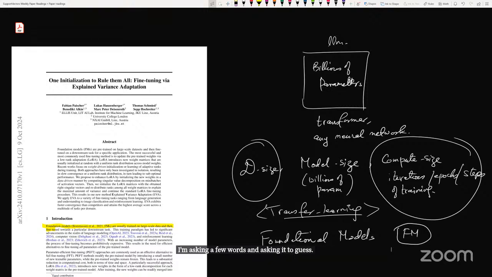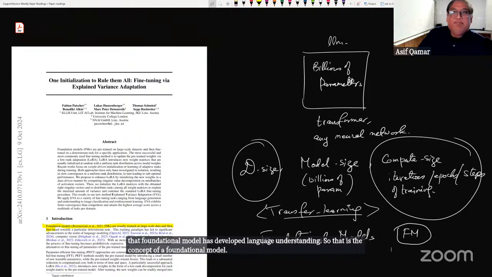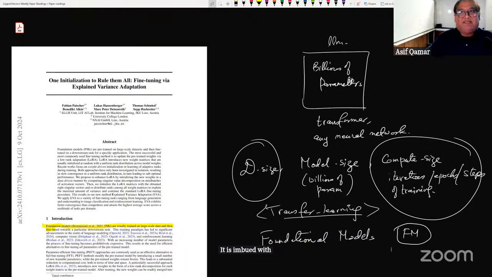But the reason it works is because there is no way a machine could have done that task successfully without foundationally understanding language itself, deeply understanding the structure of human language and its semantics. Right? And therefore, that foundational model has developed language understanding. So that is the concept of a foundational model. It is imbued with fundamental properties which facilitate downstream tasks.